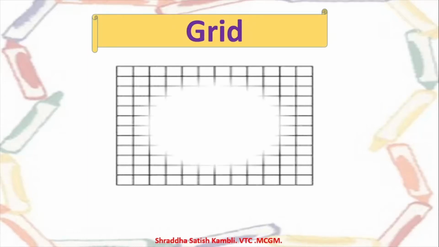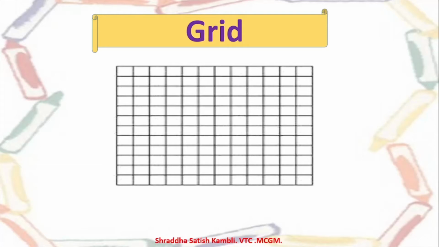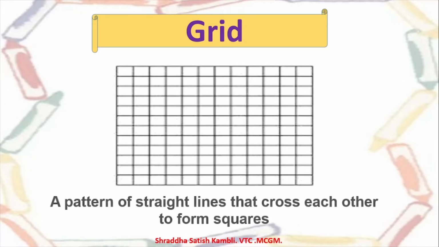So the first thing is we will see what the meaning of a grid is. See, this is a grid. If you have seen what a graph paper looks like, sometimes when you do sums in maths, you have a graph paper on which you draw certain things. Just like a graph paper has a lot of small rectangles or squares on it, in the same way a grid is also divided into many portions.